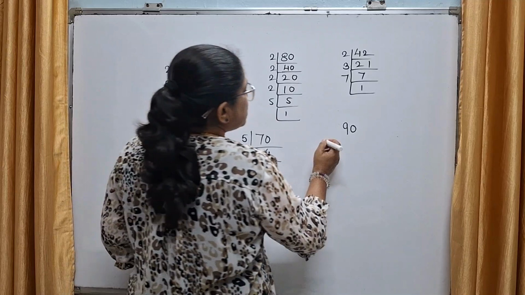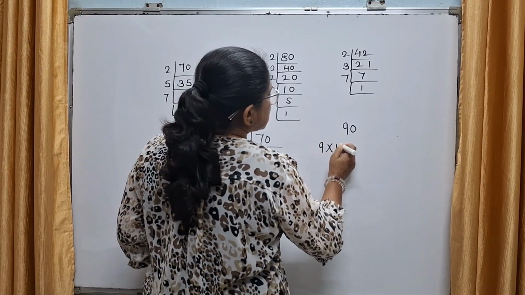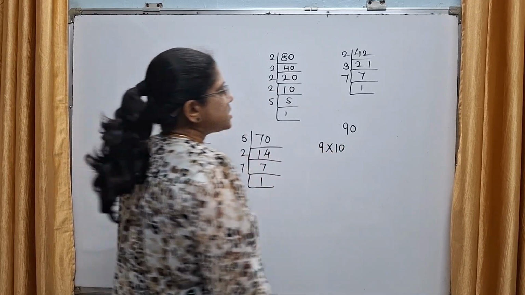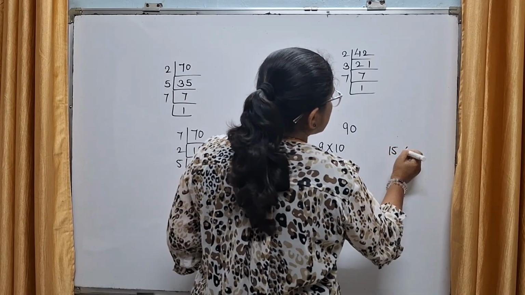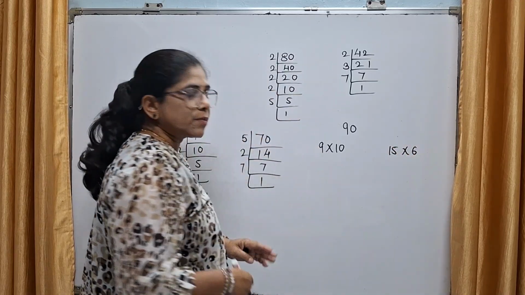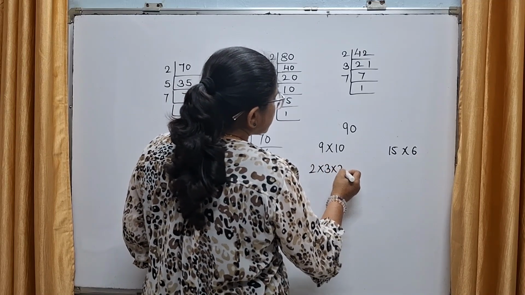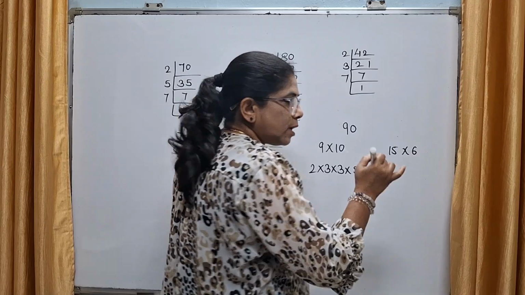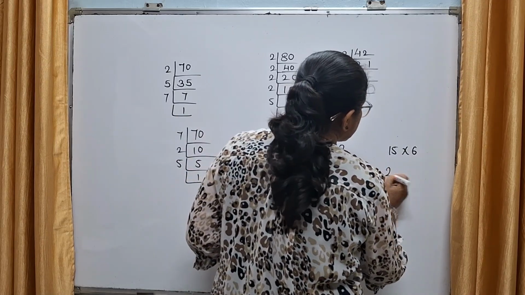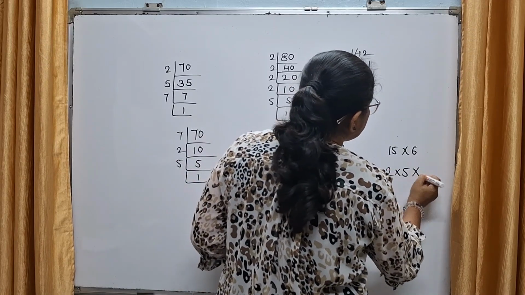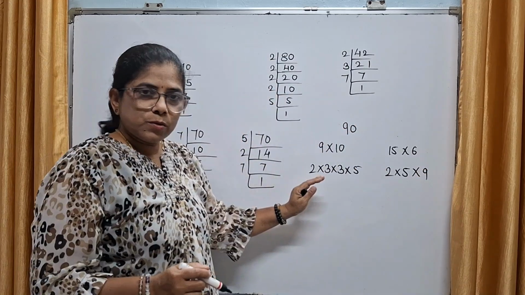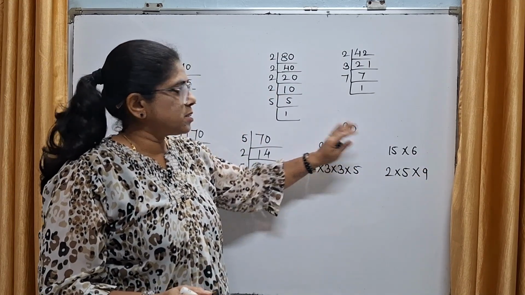The first option was 9 into 10. The second option was 15 into 6. Then one more option was 2 into 3 into 3 into 5. And the last option was 2 into 5 into 9. So all this gives you the answer 90.